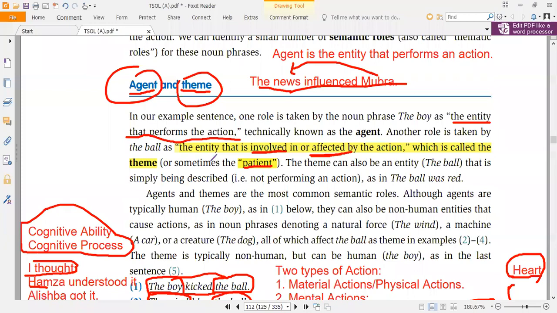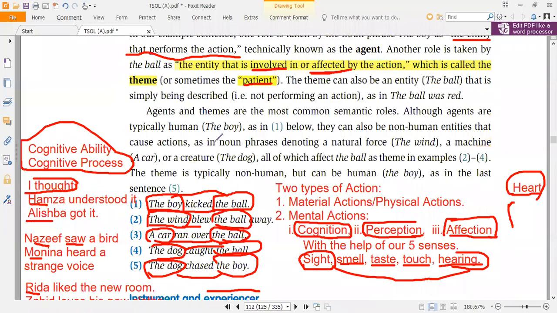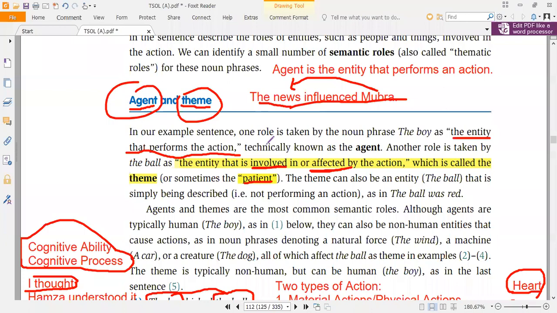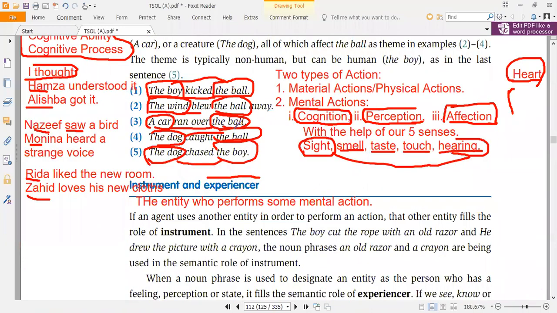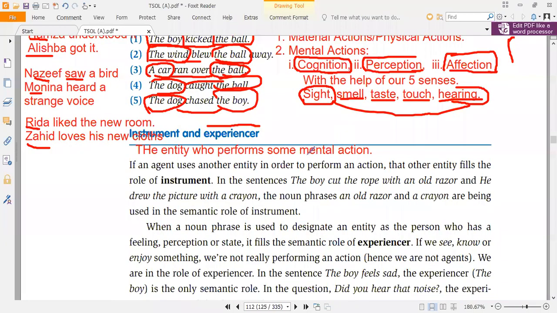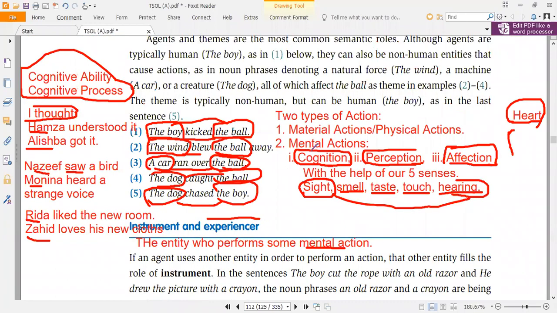Why? Because they do not perform some physical actions, rather they perform some mental action, either the action of cognition, the action of perception, or the action of affection, right?